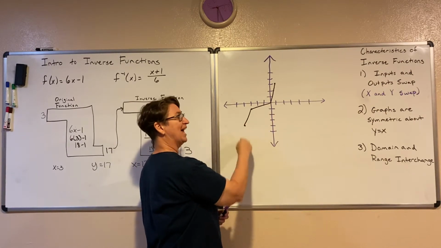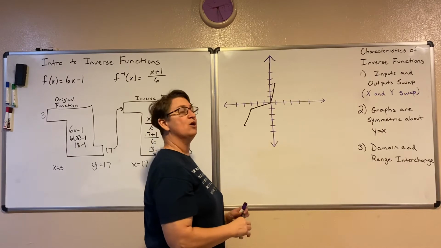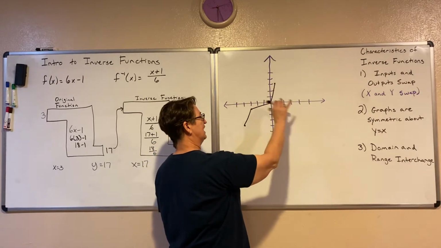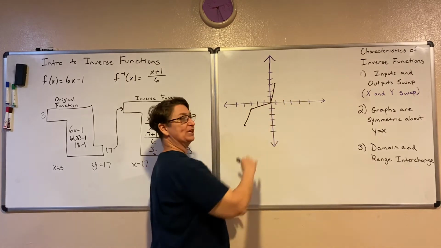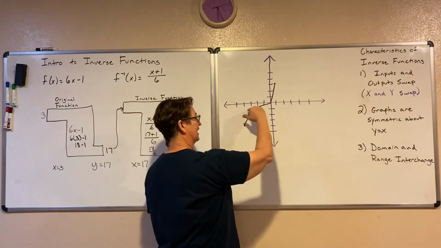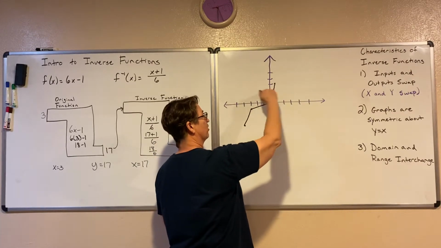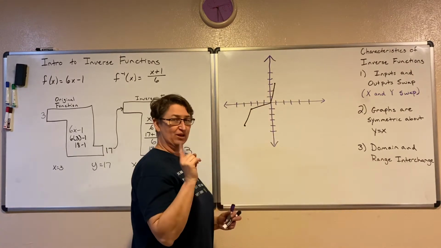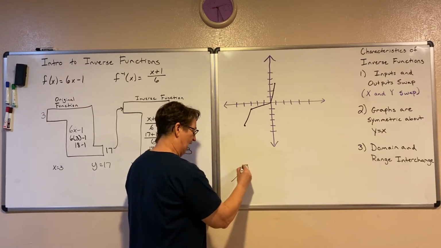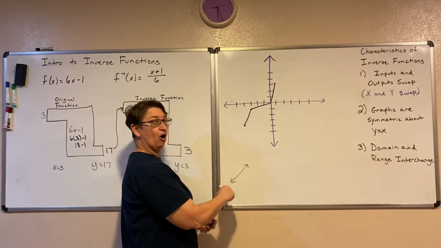In other words, it has to be one-to-one, or we should be able to draw a horizontal line anywhere on here, and it only hits one time. Notice this one does. I can draw a horizontal line anywhere there, and I'm only going to hit the graph in one place. Think about our parent functions for a minute. Our linear functions are one-to-one.